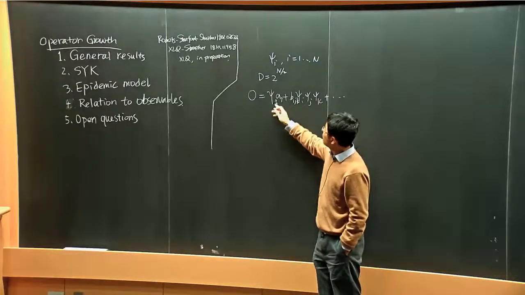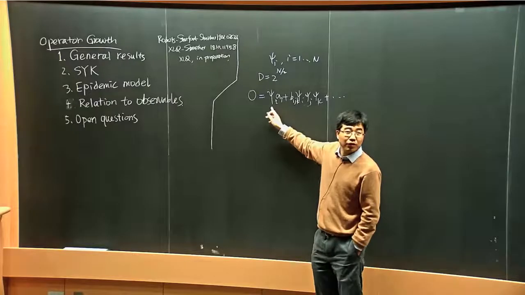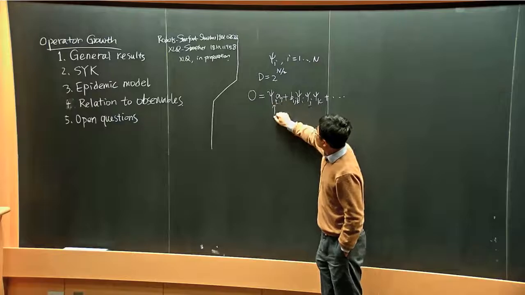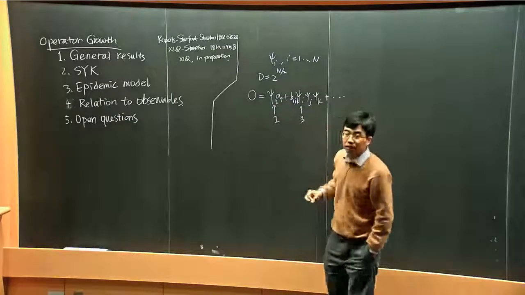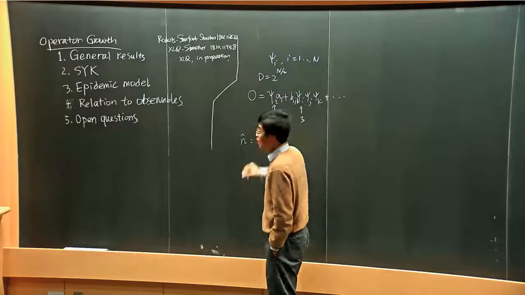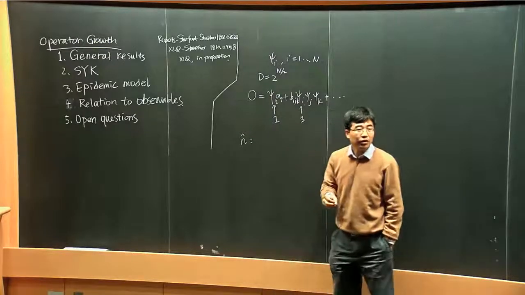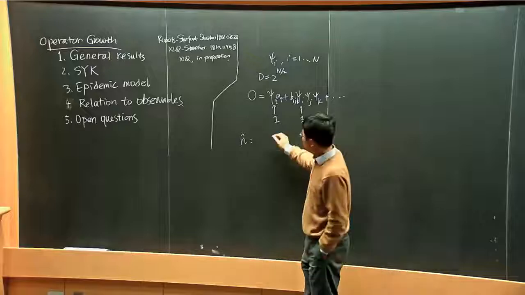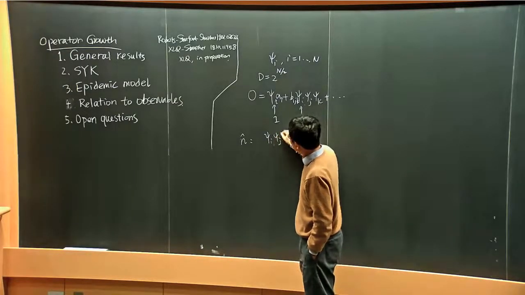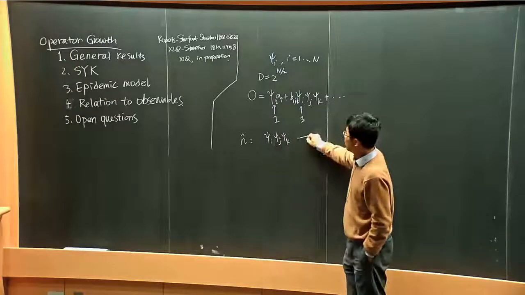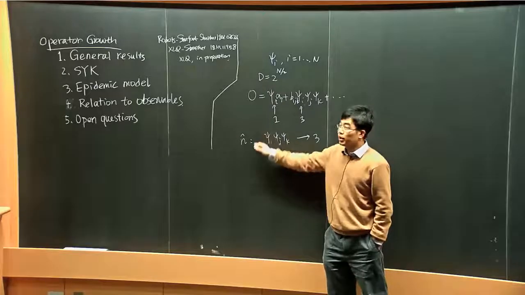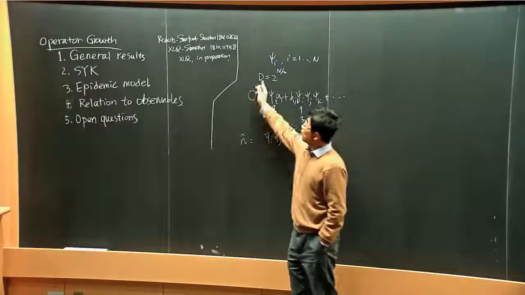You can think of these operators as eigenstates of the size, so size 1, size 3, and so on. That means the size is actually an operator on the space of operators: you take any operator and map it to a number. It is a linear operator defined on the space of these operators, which has dimension d squared.